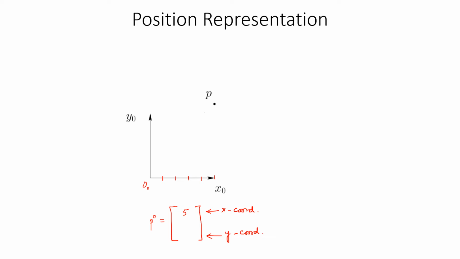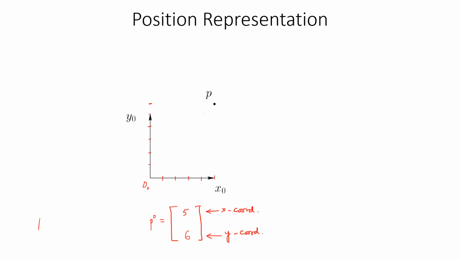Similarly, I can go certain units along the y direction, the other axis, and locate the point P. Using the same scale, 1, 2, 3, 4, 5, and possibly these are 6 units along the y direction.